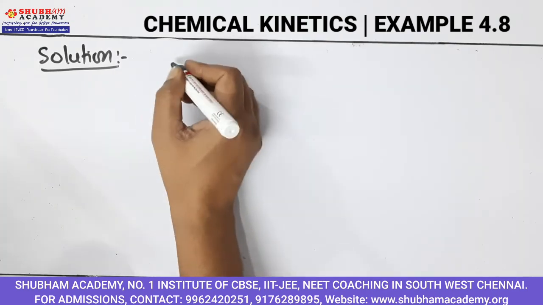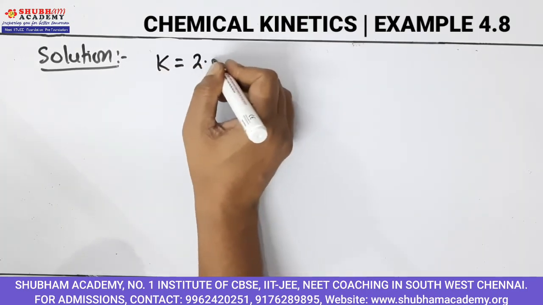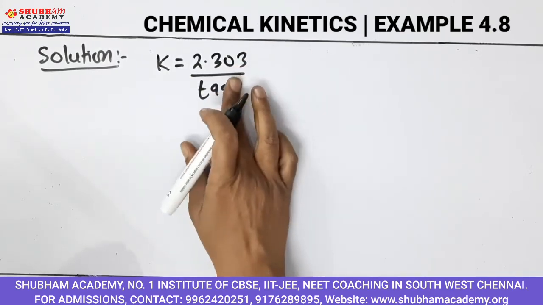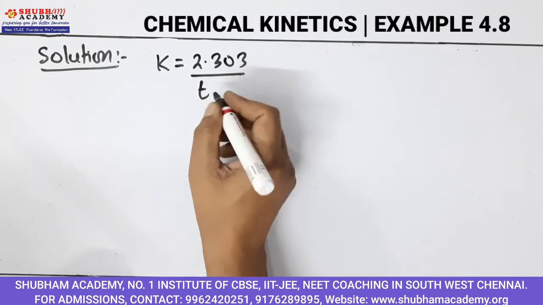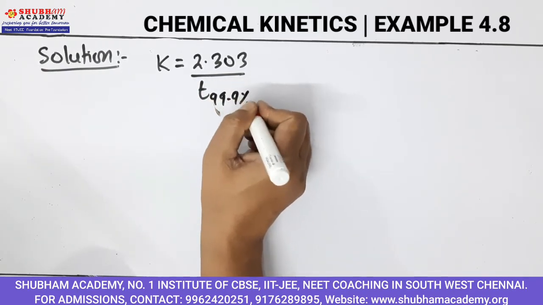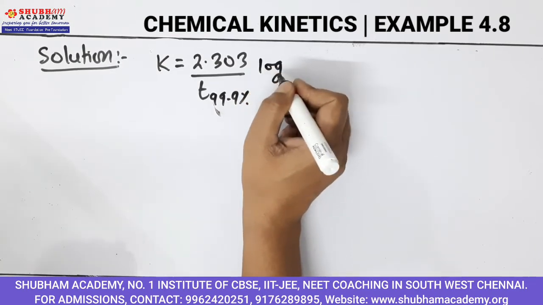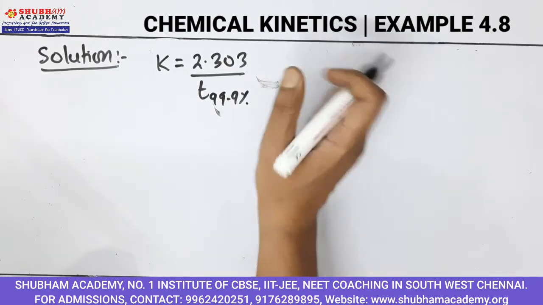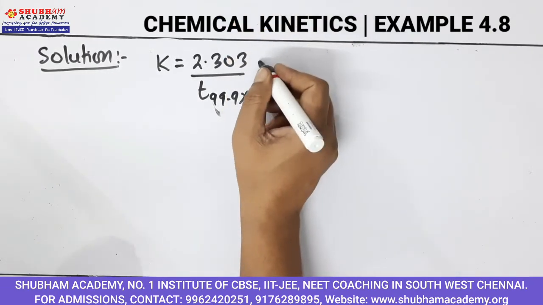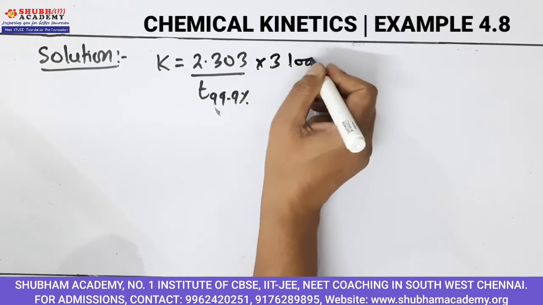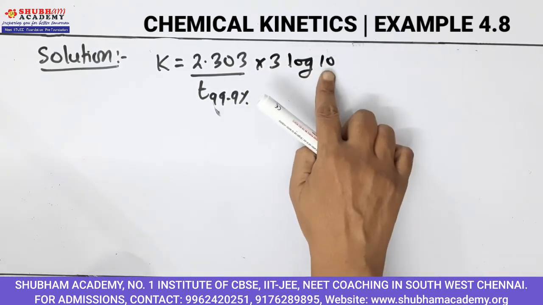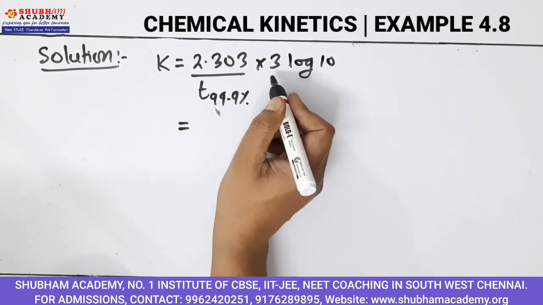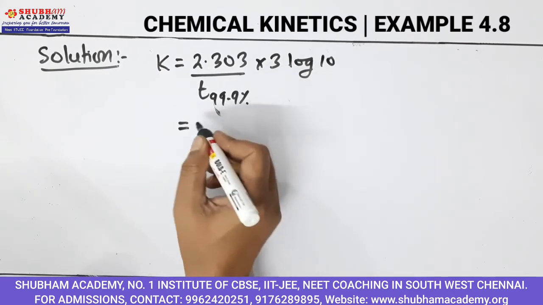Okay. So now our expression is K is equal to 2.303 by T 99.9% log 10 power 3. So 10 power 3 is 3 log 10. Now we know that log 10 is 1. So this becomes 2.303 into 3, right?